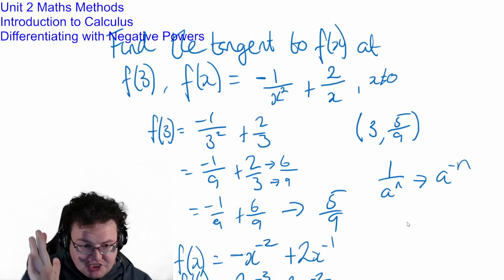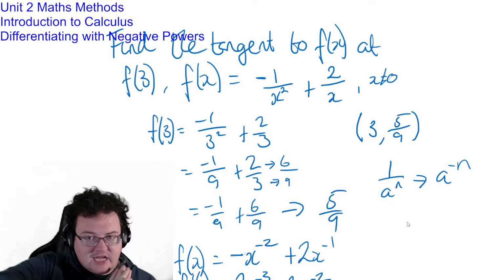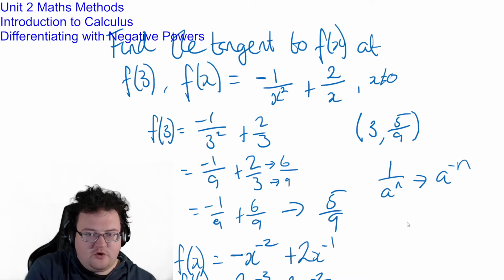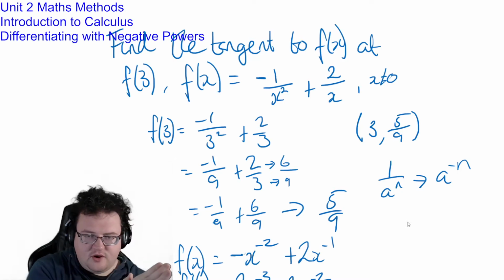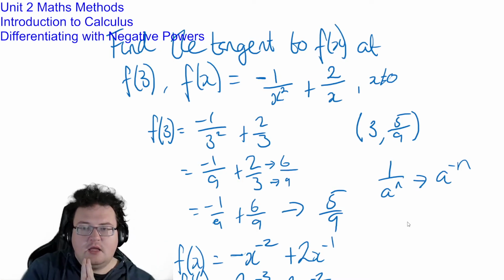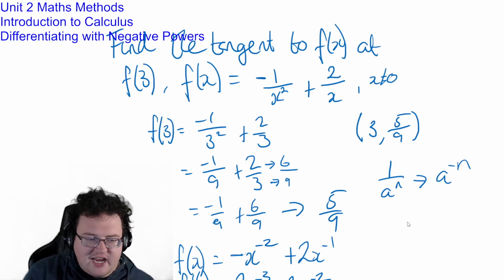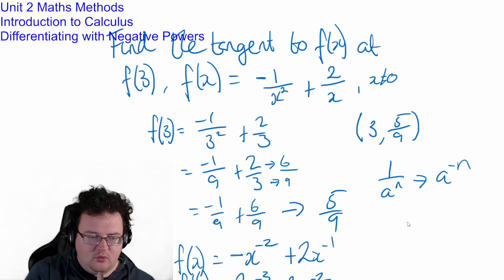Because remember, the tangent is a line that when it passes through the original equation, it passes through at exactly that point. It doesn't pass through at 3.01 or 3.02 or 2.99. By making the tangent equation have the same gradient at f of 3, we can make sure that we have a line that only passes through at that one point. They just touch and then they go away. They don't touch again.